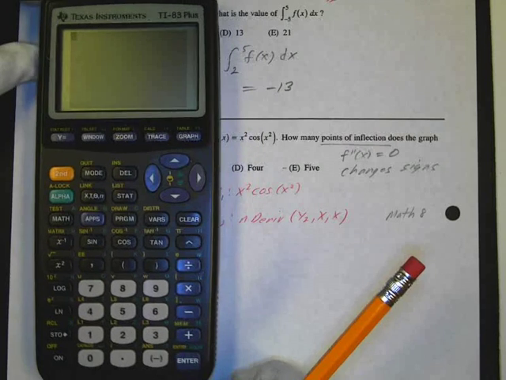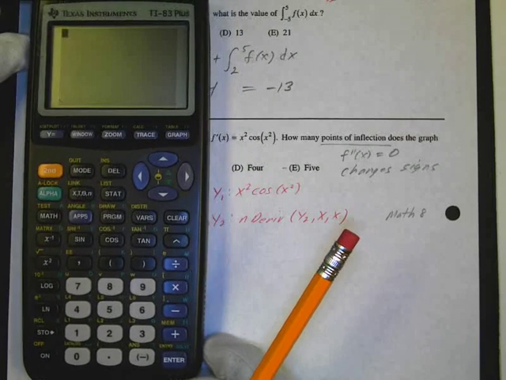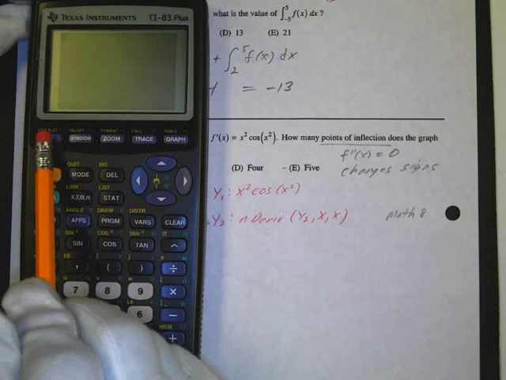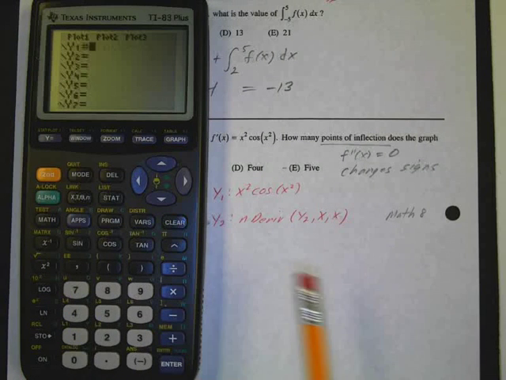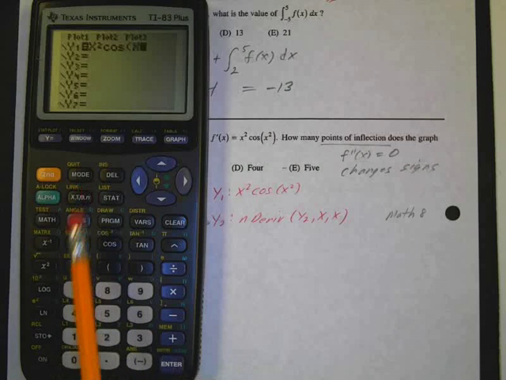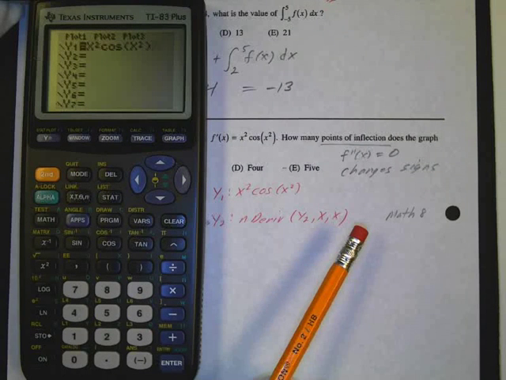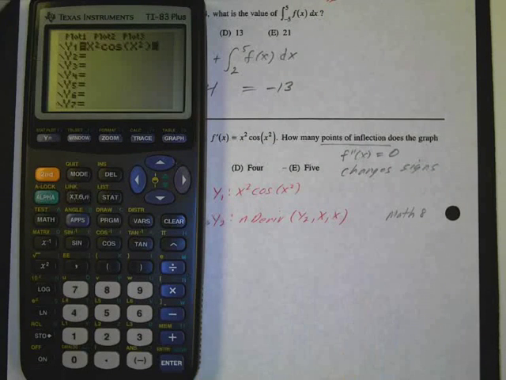So I have to zoom out a little bit here so you can see what's going on. And now this is the derivative. This is f prime of x, so we'll put this in y1. That's going to be x squared cosine of x squared, all right? But we're not that interested in the first derivative.